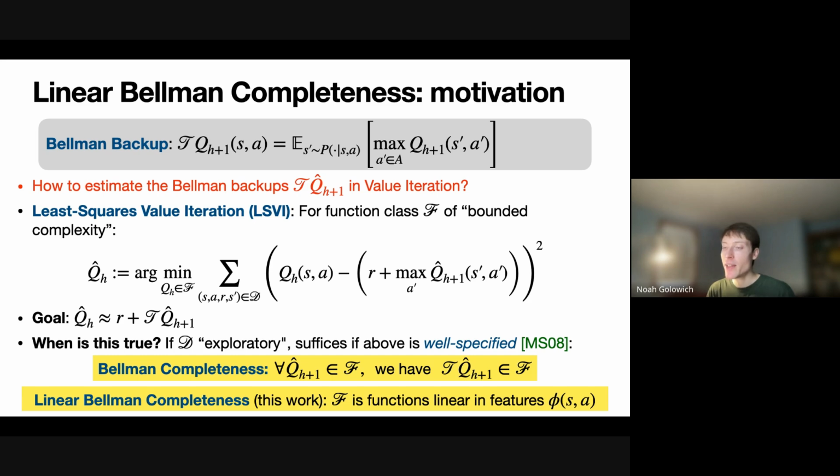And when we restrict F to be linear in this sense, we get the condition of linear Bellman completeness. So what I've done the last few slides is motivate Bellman completeness, and in particular linear Bellman completeness, starting with this general procedure of least squares value iteration, saying that Bellman completeness is what we need in order to make this work.